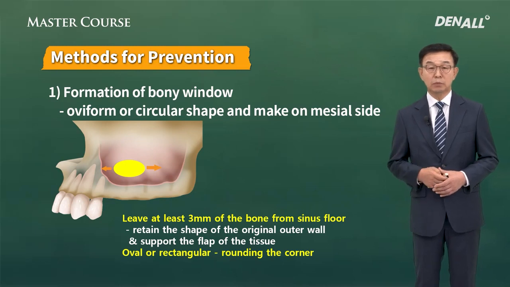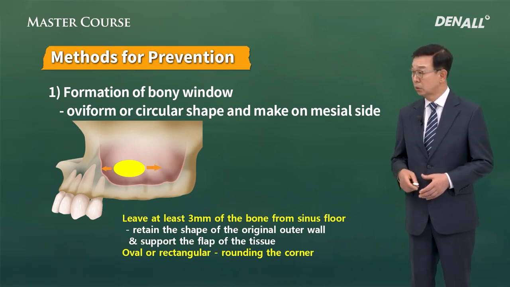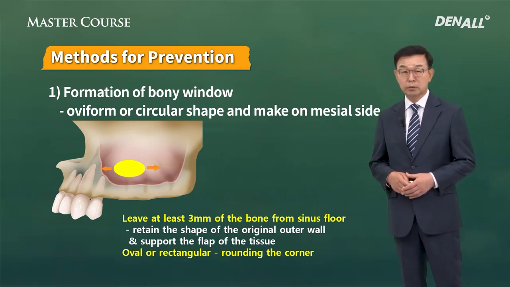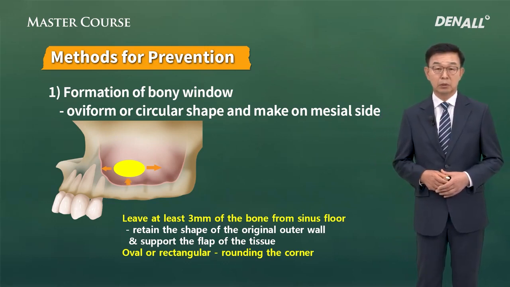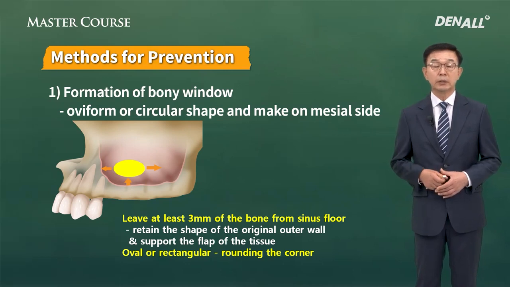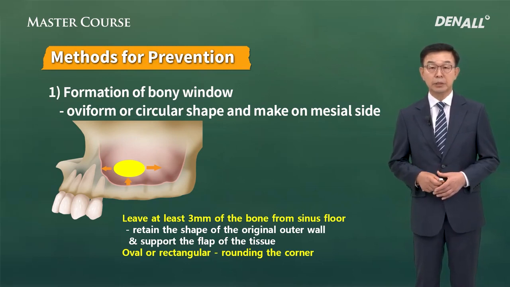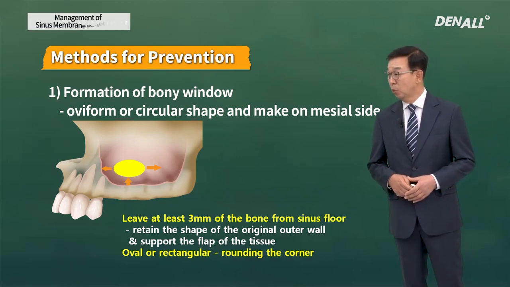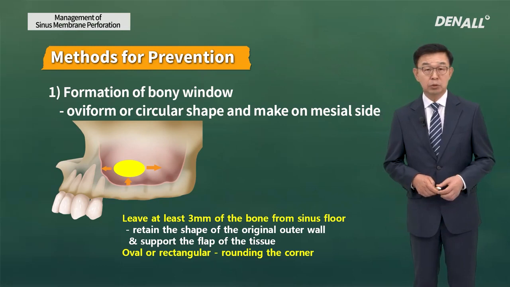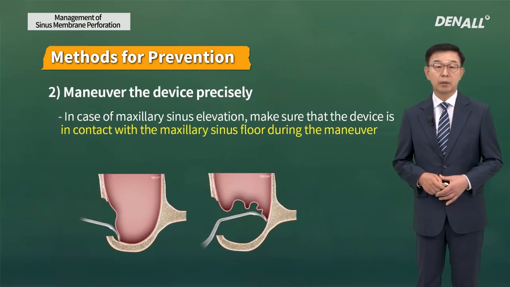In the posterior side, there's comparatively less possibility of membrane perforation. When you do lateral window approach, the window should be approximately 3 to 3.5 millimeter from the sinus floor so that bone graft can be well maintained.